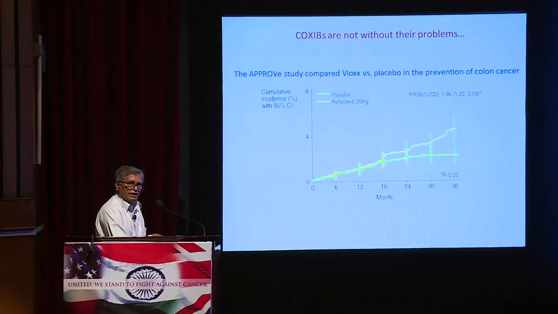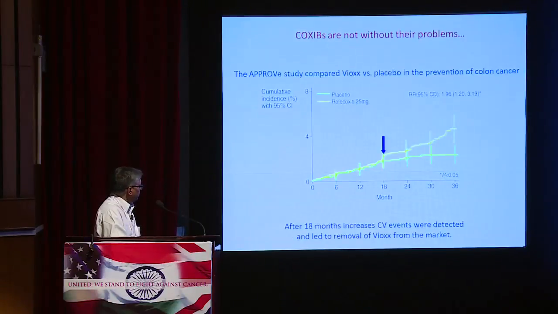That clearly indicated that COXIBs, though they do not have gastric side effects, have cardiac side effects. So this story of anti-inflammatory drug discovery is going on. The effort is to come up with anti-inflammatory drugs which do not have gastric or cardiac side effects.